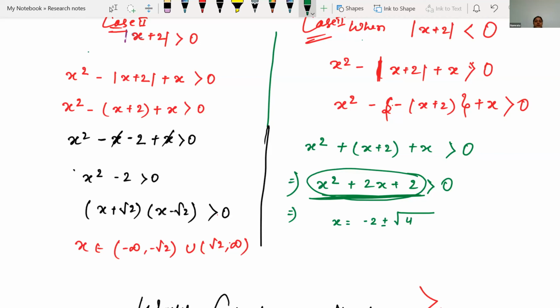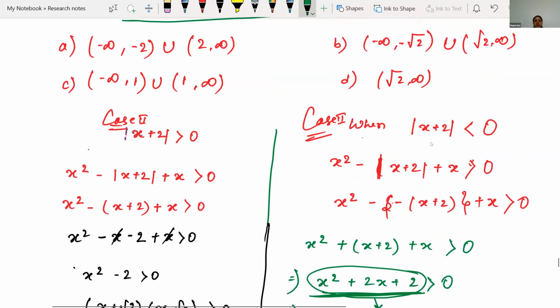That means 4 minus 4 into 2, that means 8, right? So here you can see we are getting an imaginary root. 4 minus 8 will be negative 4, and the square root of a negative is an imaginary complex number.